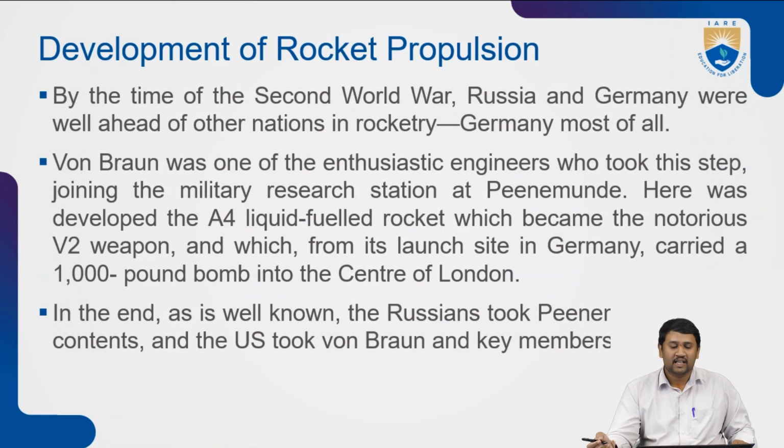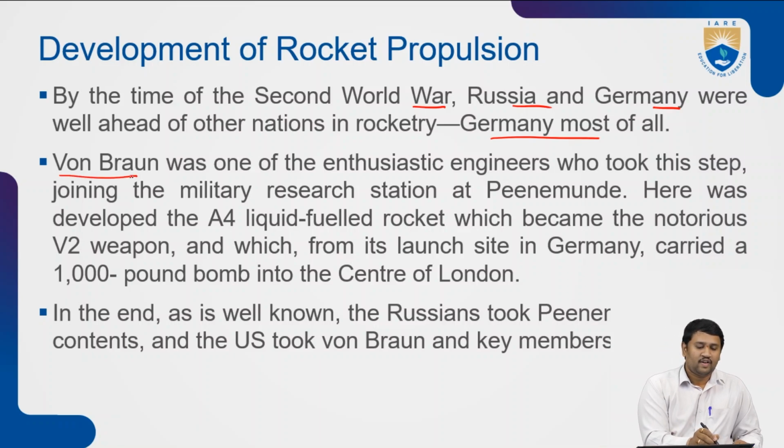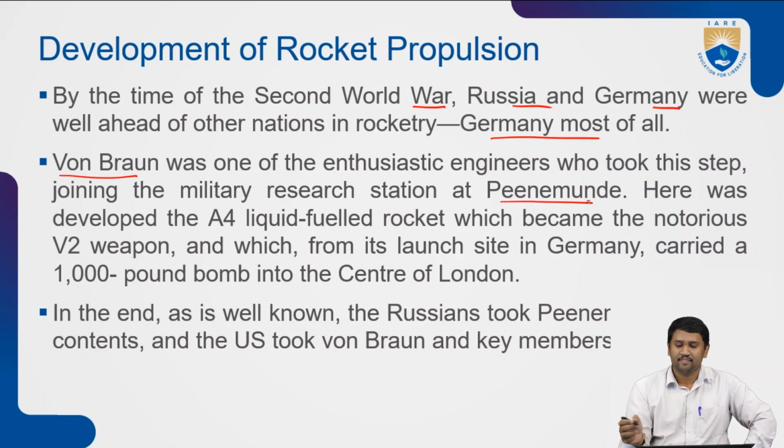Right? And by the time of the Second World War, Russia and Germany were ahead of other nations in rocketry, where Germany was ahead of all. Wernher von Braun was one of the enthusiastic engineers who joined the military research station at Peenemünde.